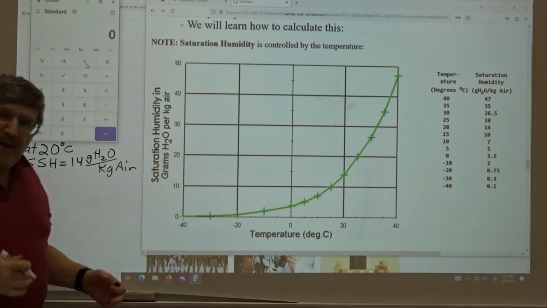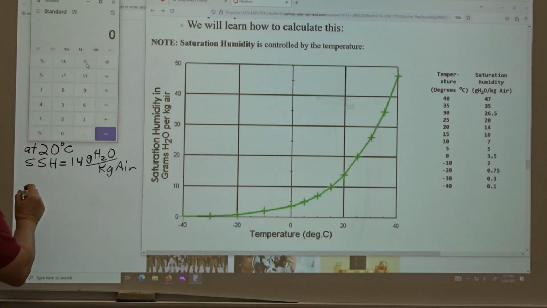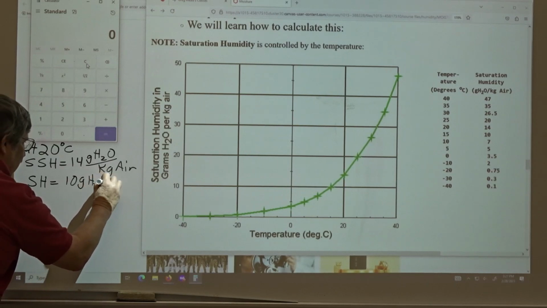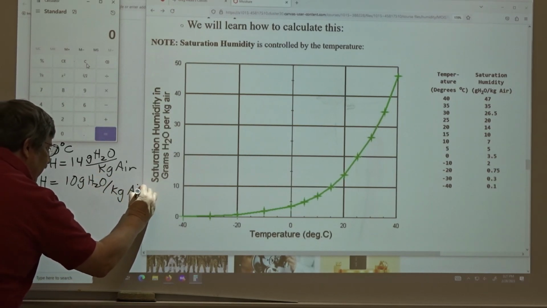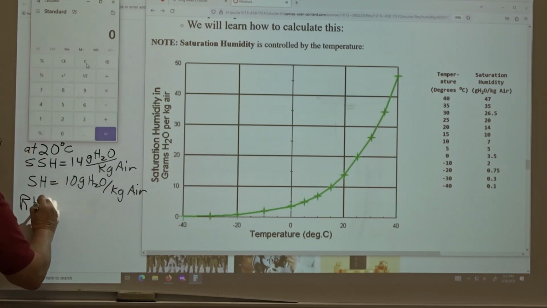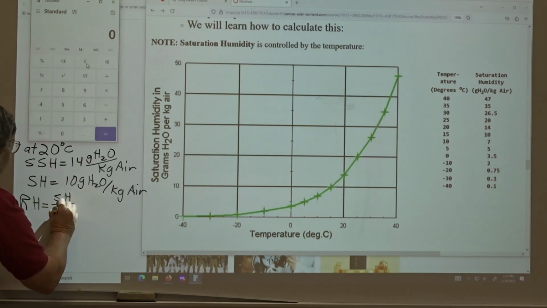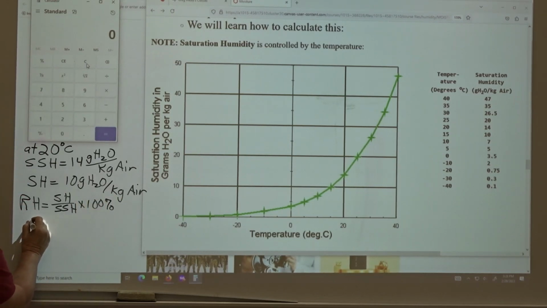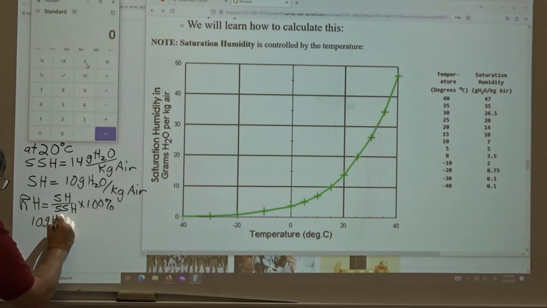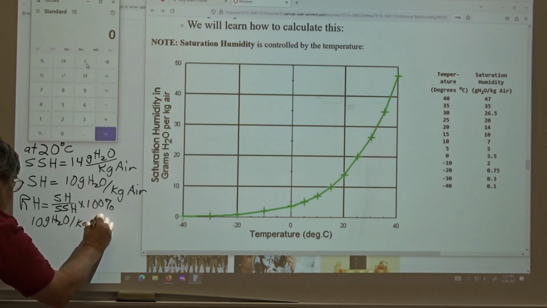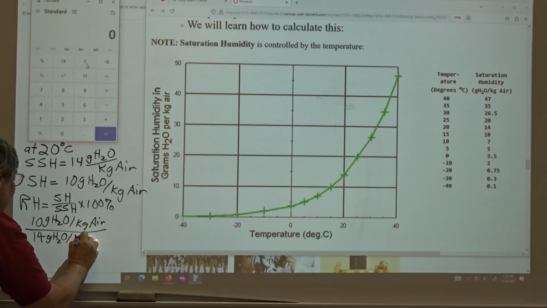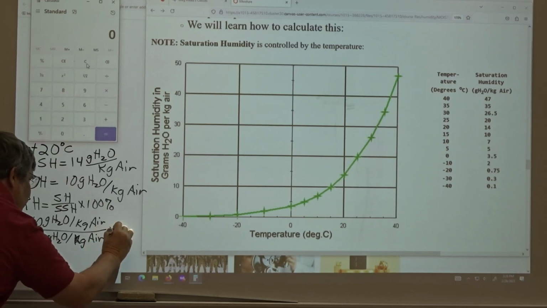If we have previously measured and have found that the actual amount, the specific humidity, is 10 grams of water per kilogram of air, then our relative humidity, again, is the specific humidity divided by the saturation specific humidity times 100%, which will be 10 grams of water per kilogram of air divided by 14 grams of water per kilogram of air times 100%.